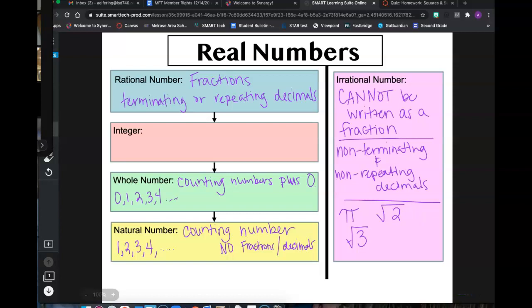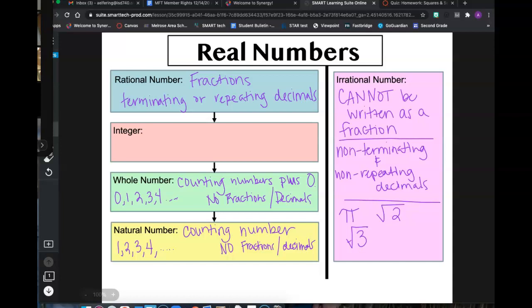Okay, so there's obviously a lot more. I can't list them all, but it starts at 0. Again, with whole numbers, there's no fractions or decimals. No fractions or decimals in whole numbers. They're just nice numbers, but they start at 0.